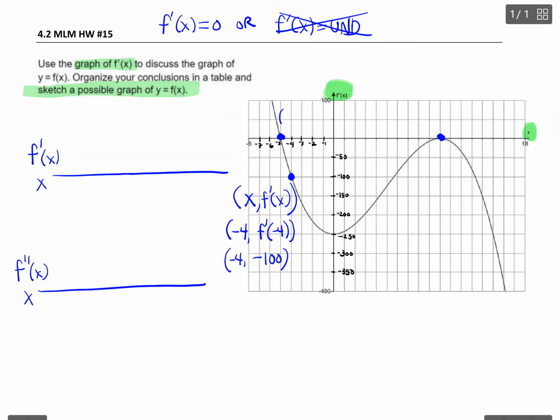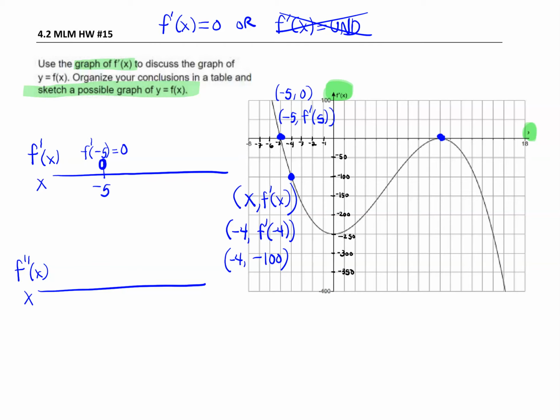So if I input -5 into the derivative, see how the output, or the height of the graph, is going to be 0? Okay, so I'm going to put -5 on this sign chart, and if I put -5 into this f prime function, I'm going to get 0 out. So that's one of my partition numbers right there.